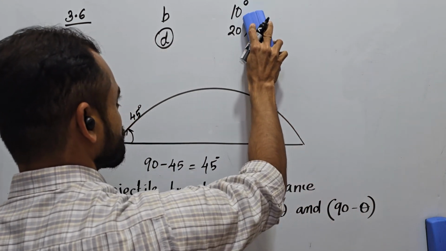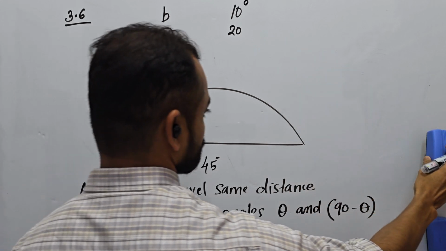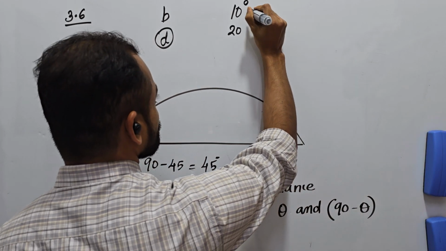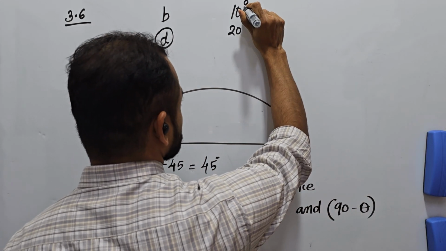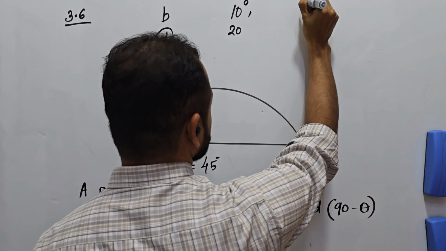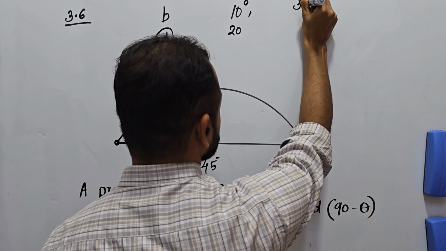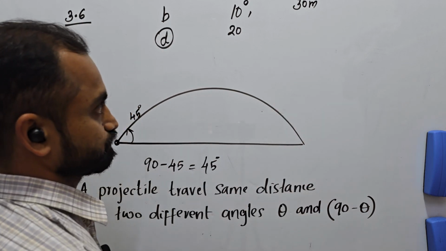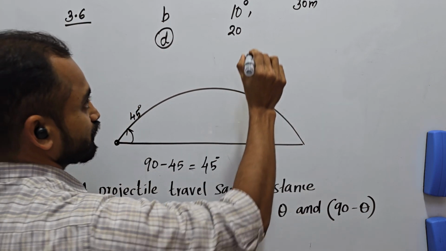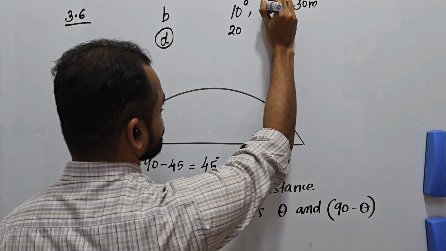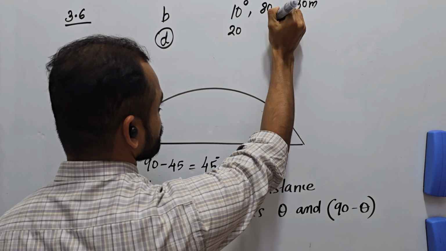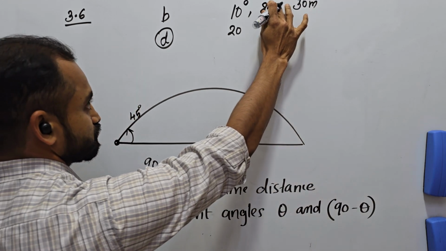So we will make it a little bit better. One more piece of information I will add here. For example, for 10 degrees, it is traveling a distance of 30 meters. And for another angle, 80 degrees, it will also travel the same distance. Same distance.